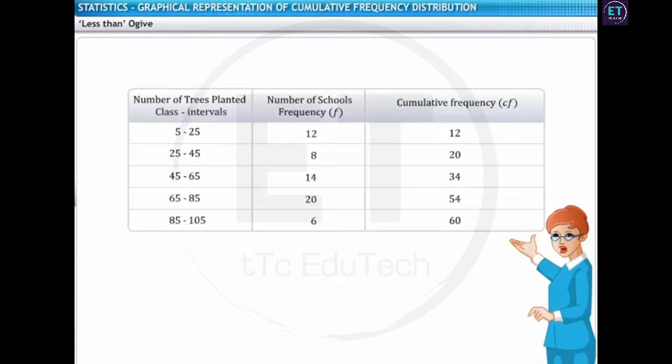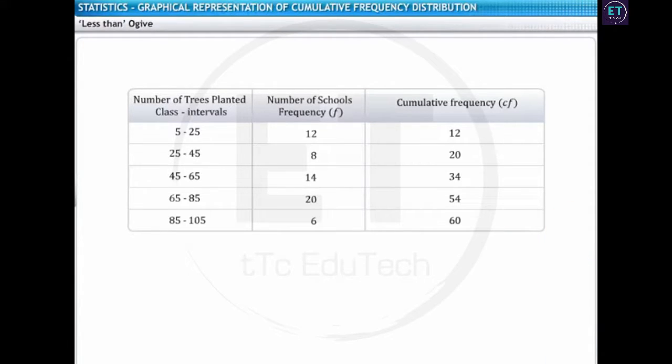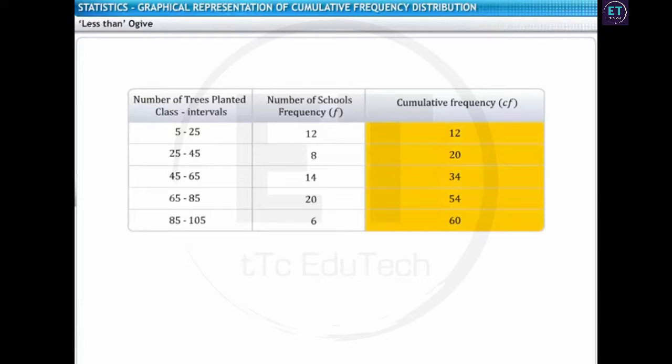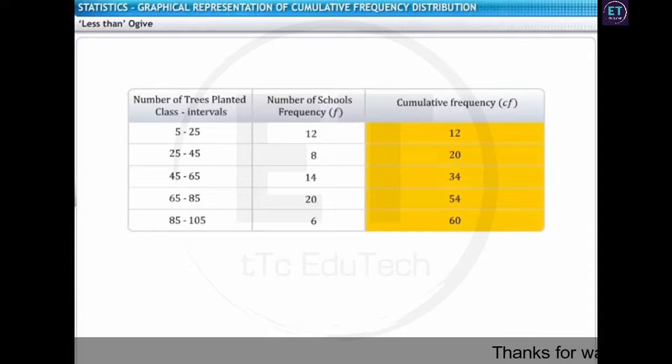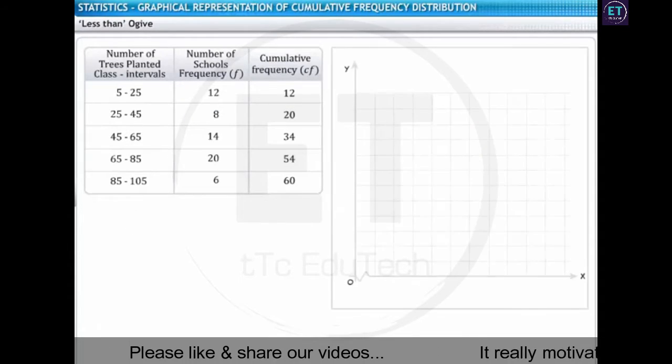Now, let's draw an ogive representing the cumulative frequency distribution of the less than type. The table here shows the cumulative frequency distribution of the less than type. Let's start plotting the ogive for this data. Here's the Cartesian plane.